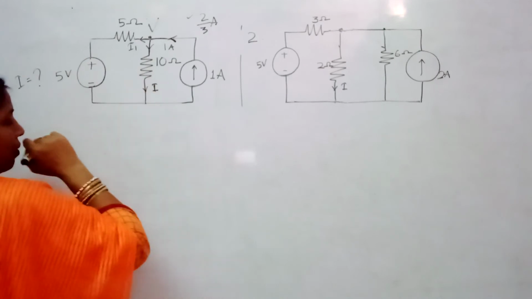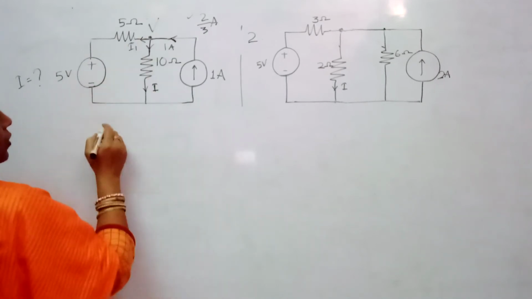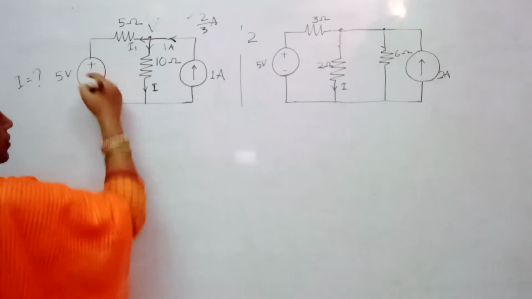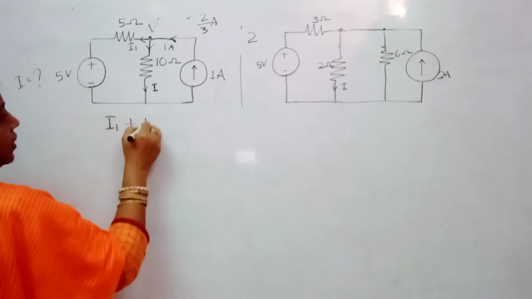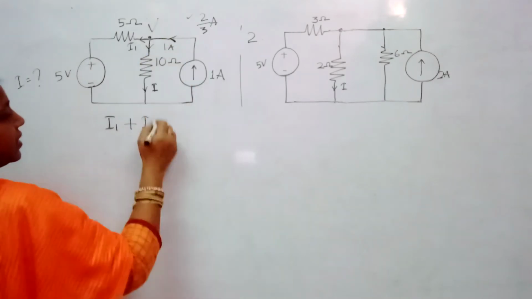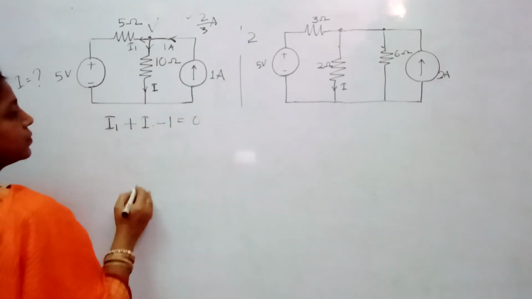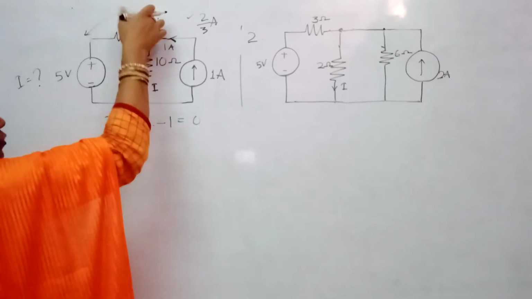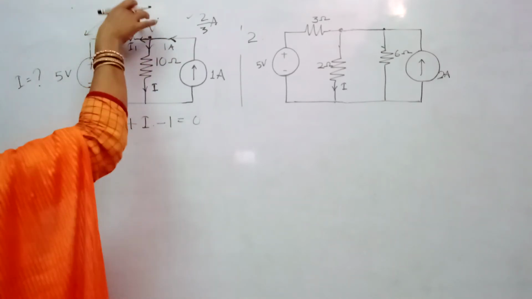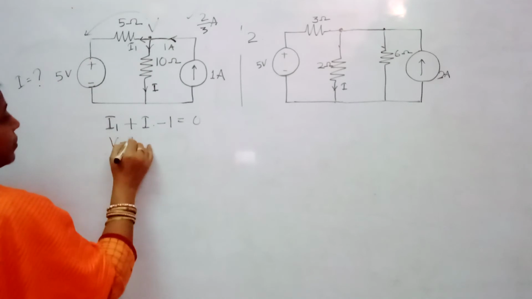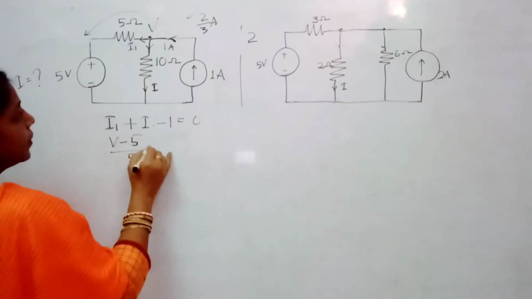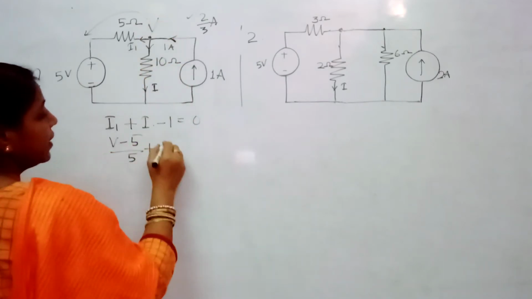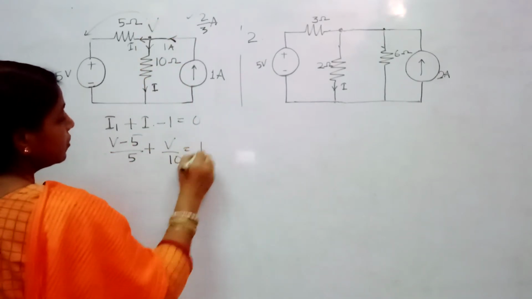Now directly apply nodal analysis. What is this current? I1. I am considering leaving current as positive. So I1 plus I, now this is entering, so minus 1 equal to 0. What is my I1? It is this voltage minus this voltage by this resistance, so (V minus 5) by 5, plus V by 10, equal to 1.